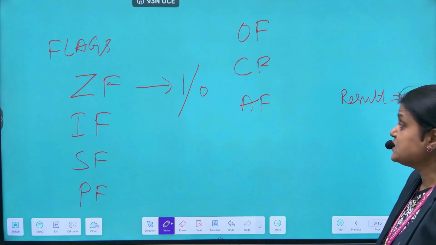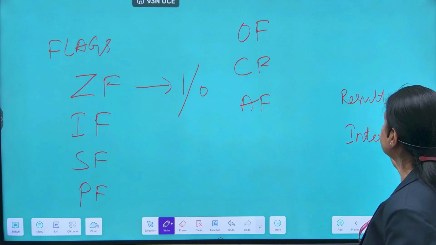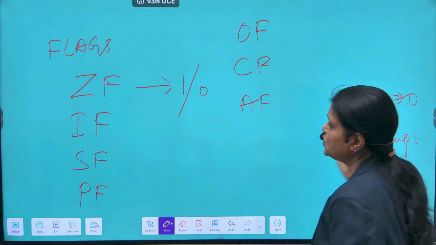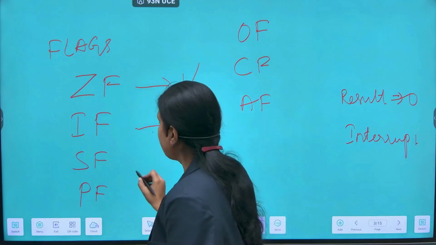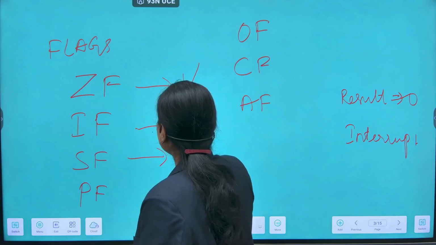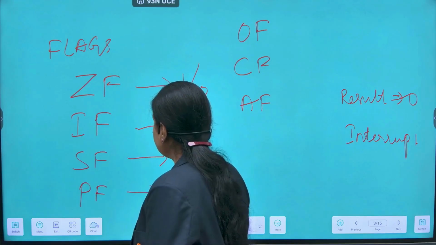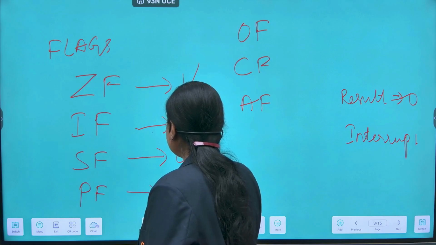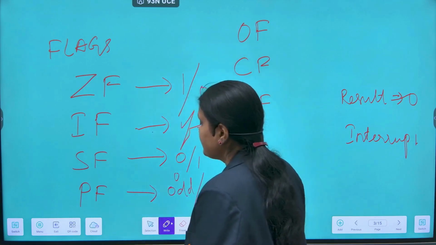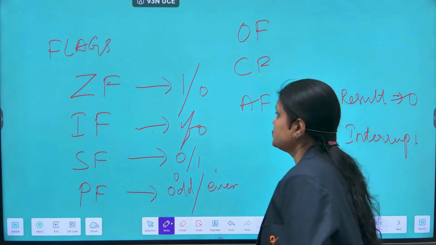If an interrupt is produced or enabled, it is set to 1, else it is set to 0. Sign flag: positive means 0 and negative is 1. Parity flag: if it is 0, we say odd parity, an odd number is produced, and if it is 1, we say an even number is produced.